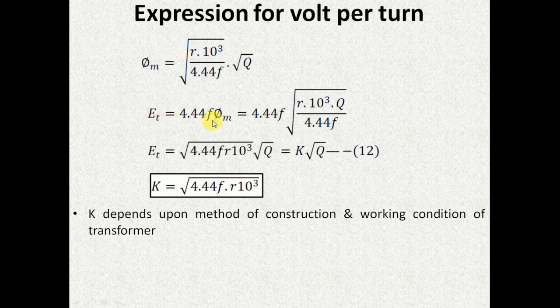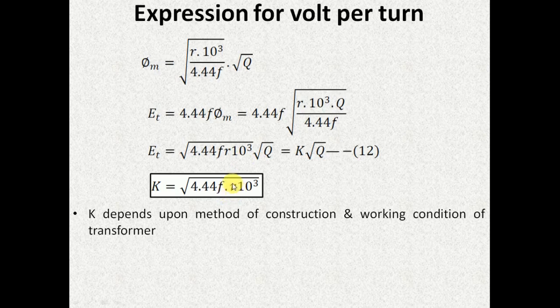As we know, the relation for induced EMF per turn or the voltage per turn is 4.44 FIM. Now in this relation, instead of FIM you have to make this substitution. Then further simplifying, you will get the final relation as square root of 4.44 F R 10 raised to 3 into square root of Q. In this term, F is the supply frequency, R is a constant, hence this whole term can be considered as a constant K. Therefore Et can be written as K into square root of Q, where K is square root of 4.44 into F into R into 10 raised to 3.